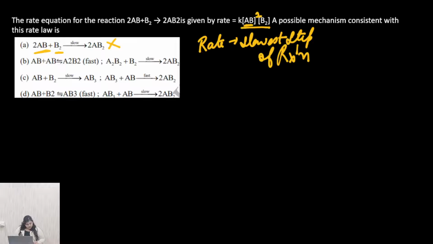Next it says AB plus AB is in equilibrium, giving you this one. This is the slow step, A2B2 and the B2 you are having. So rate will be dependent upon the slowest step, which includes the A2B2 and the B2. So for this one, the rate expression is going to be, suppose K2 is the rate constant, into A2B2 into B2. A2B2 concentration we can find from the equilibrium which is given to us.